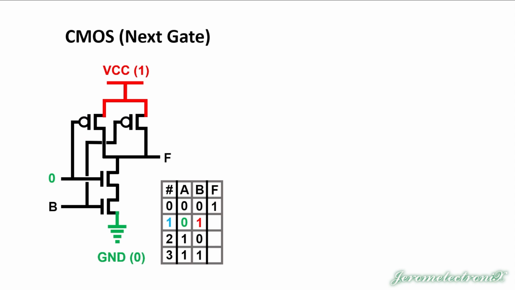In row 1, we've got a 0 going into A, and that, of course, flows upward toward the PMOS and horizontally toward the NMOS. A 0, of course, is going to allow flow through the PMOS. Notice, PMOSs always have that bubble on them.